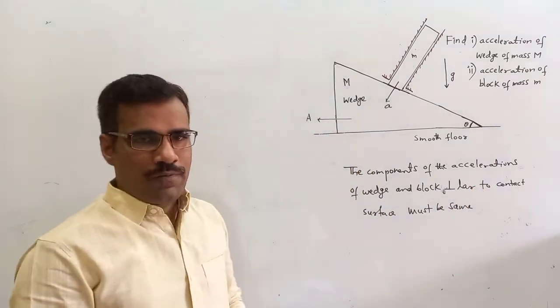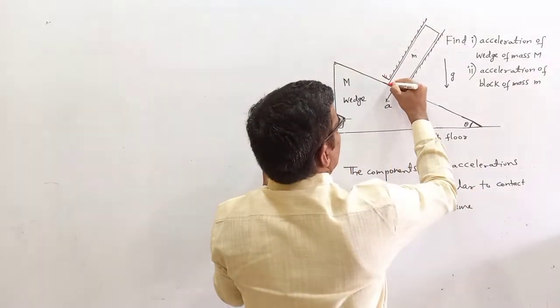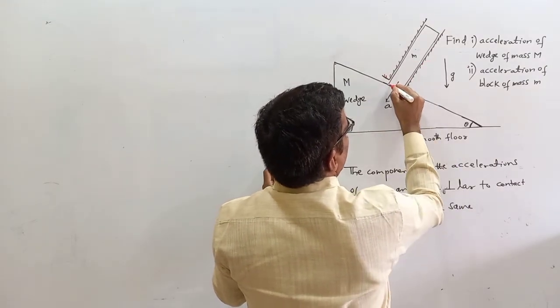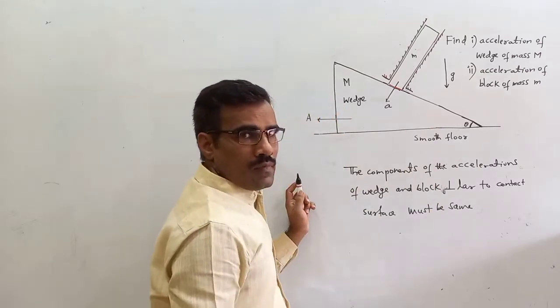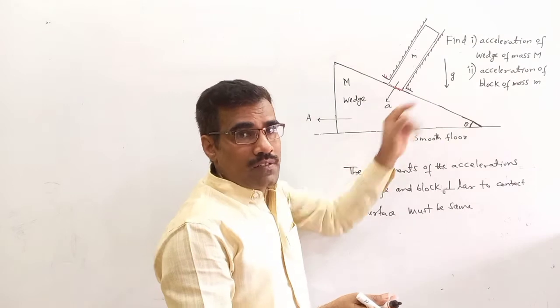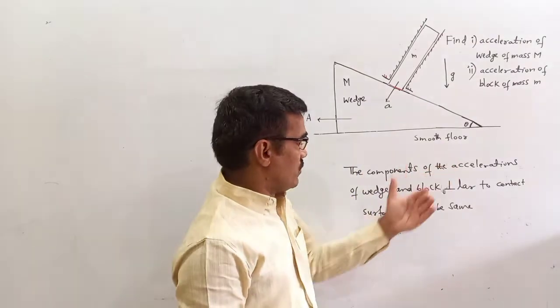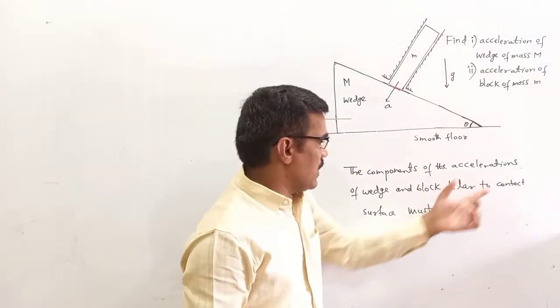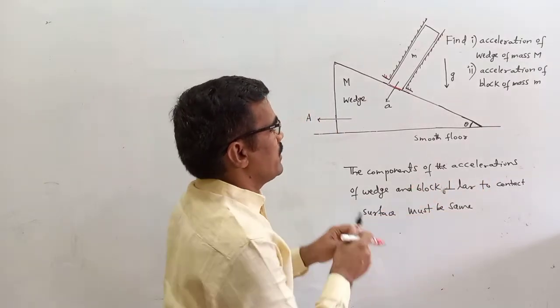Which is the contact surface? The contact surface of wedge and block is this contact surface. The components of the accelerations of wedge and block perpendicular to the contact surface must be the same.